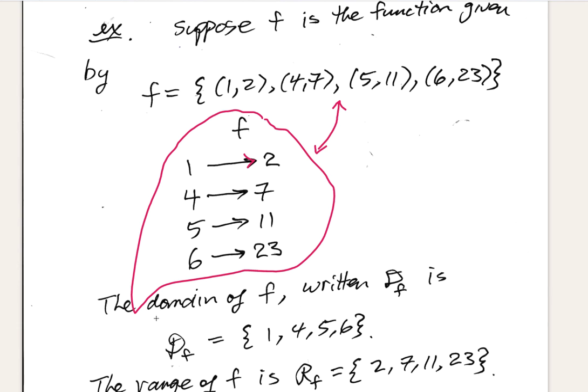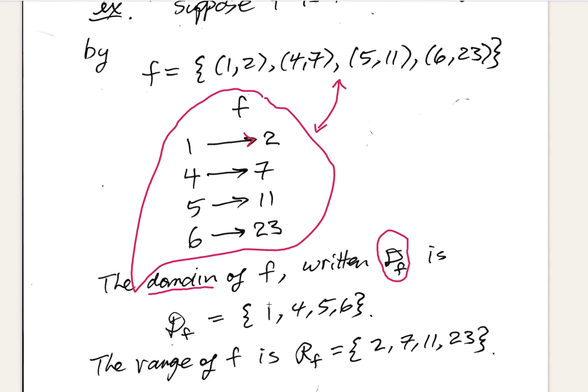Well, the domain of the function I often like to write this way: a script D with a subscript representing the function. So here I've got script D, subscript F, so that I'm looking at the domain of F. You know what that notation means, and that would be the set of all first elements here. It's really easy to see if I use the arrow diagram here, or map.